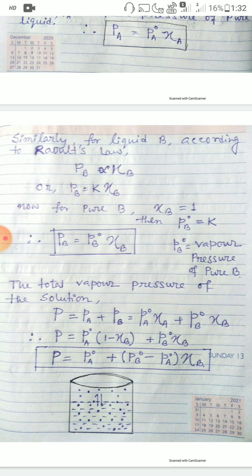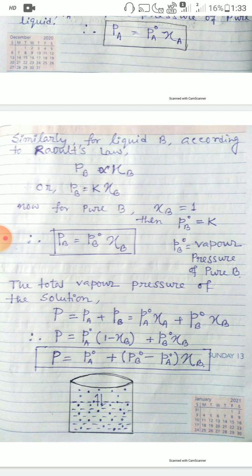Now for pure B, Xb is equal to 1, because if you take only pure B liquid, then A liquid is not present, so the mole fraction of Xa is equal to 0, but the mole fraction of Xb is equal to 1. You have to always remember the total mole fraction will always be equal to 1. If A is not present, then the mole fraction of B is equal to 1.